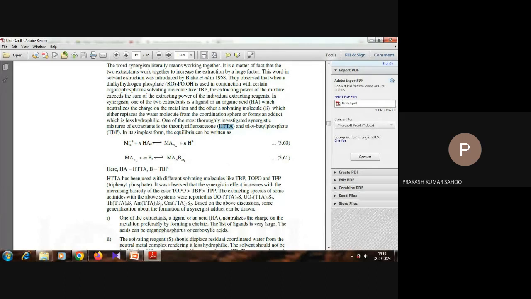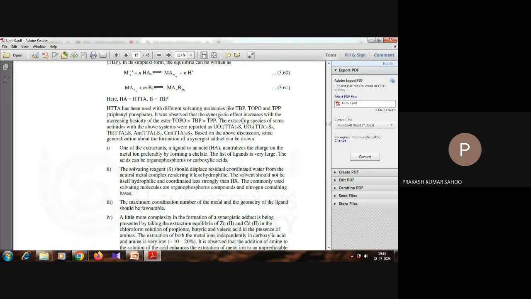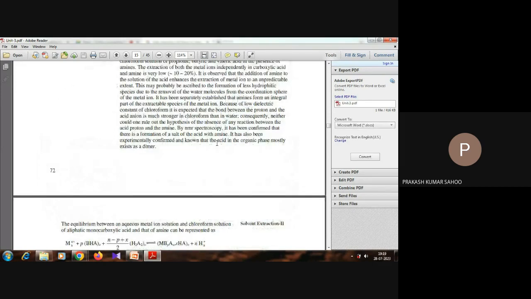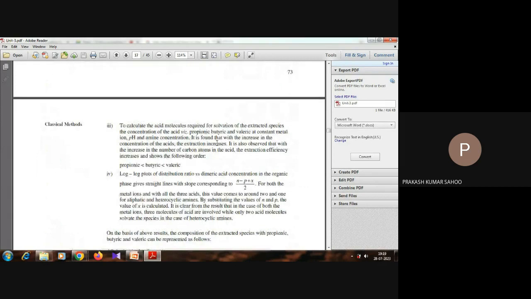So these two are used. Okay, this is HA and B is your TBP. So just try to remember 1 to 2 examples, not more than that. Okay, otherwise we will have confusion. Then these are the equations.